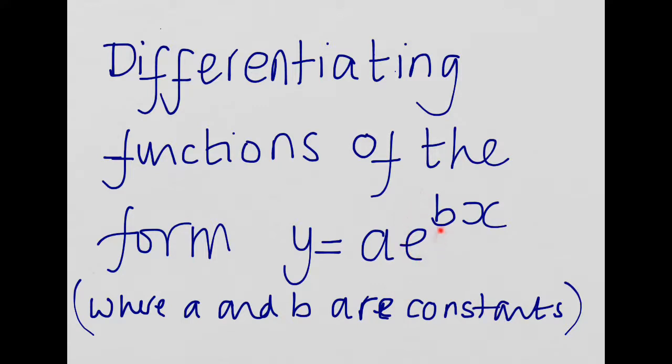So e here is 2.71 continuing, and a and b are constants. What is a constant? A and b are values like 3, 4, 7, -2, and so on. So these are not variables. And x here is our variable, and it will only have real values.